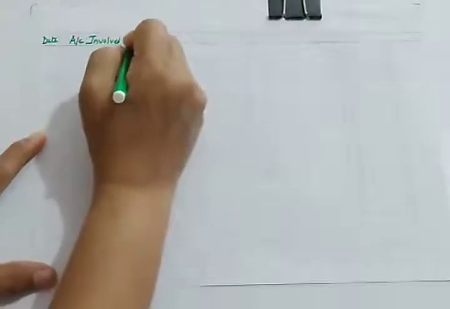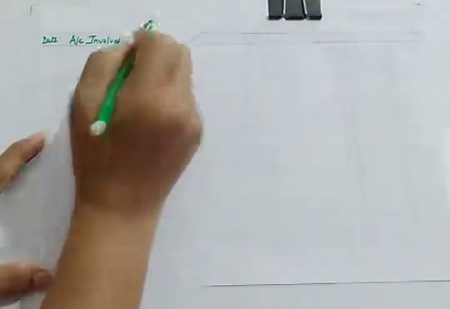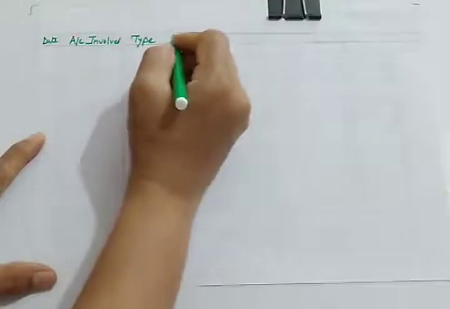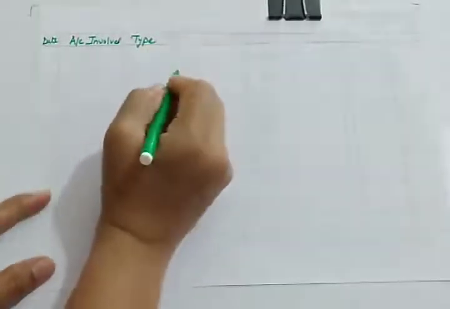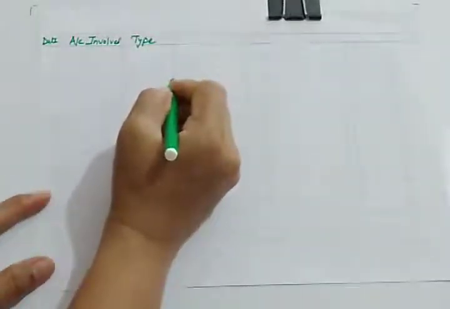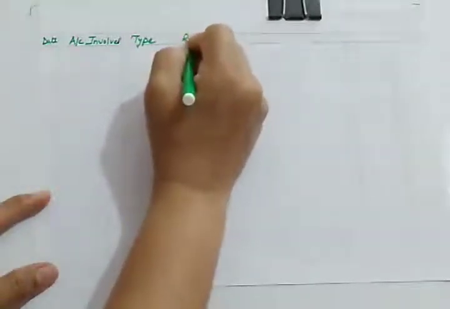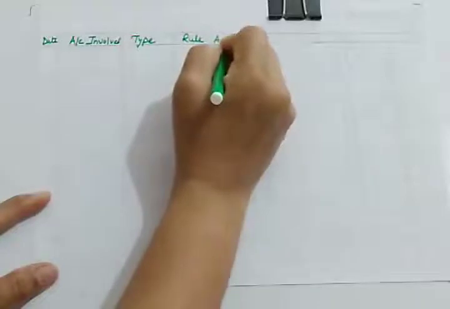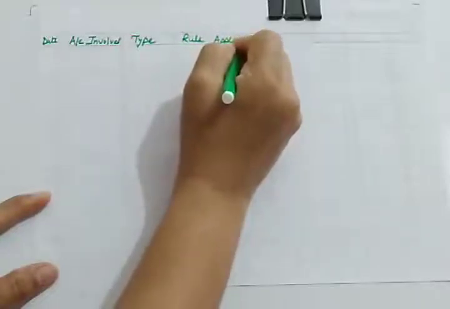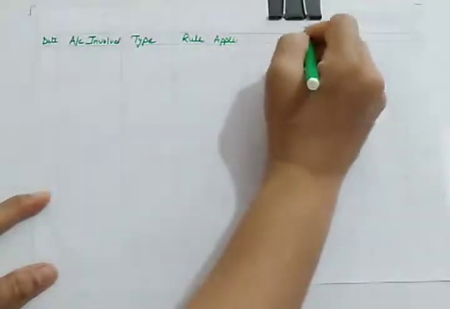So here we'll be writing a date, accounts involved, then type of account. In types there are 5 types, as you already know. 5 types are asset, liability, capital, income and expense. And rule applicable. So here this is the format of journal.